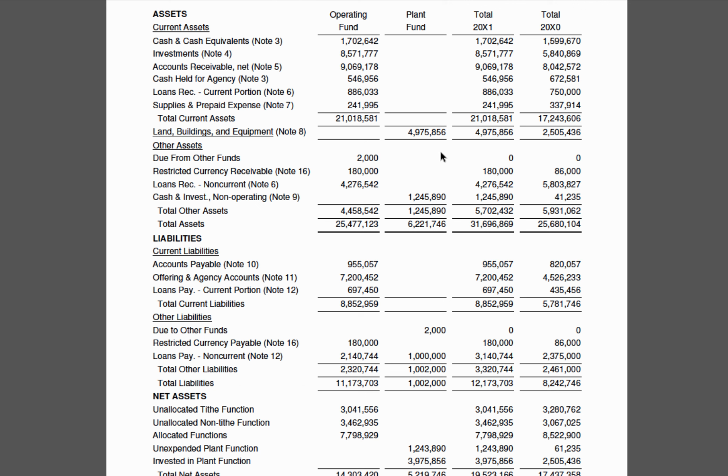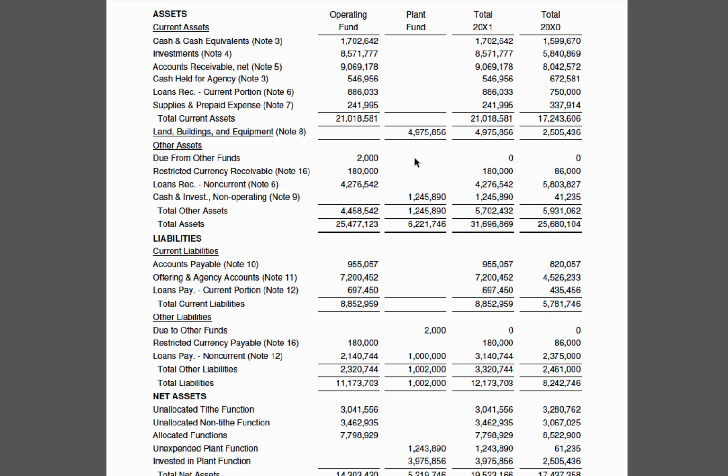The idea of sub-funds is that the plant fund really consists of two separate funds. There is the expendable portion, the money that can be spent. Here you can see the $1,245,890, and then there's a $2,000 liability against that. So the net assets of the unexpended portion is $1,243,890.